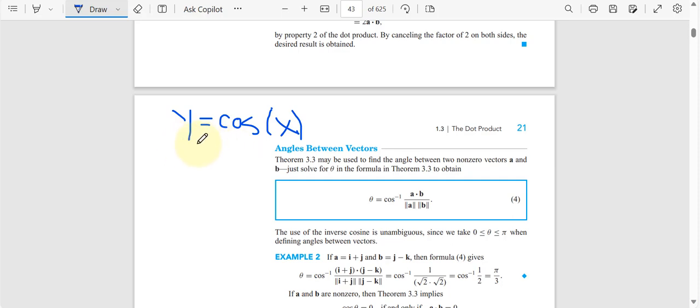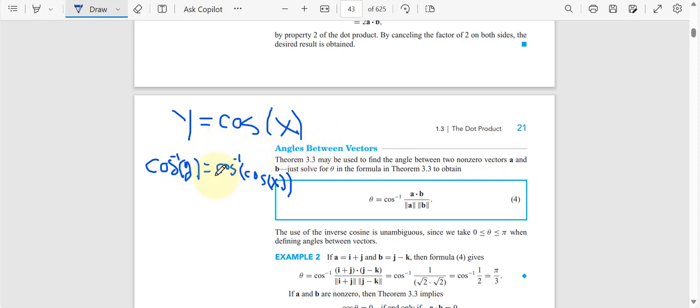So if you have something like y equals the cosine of x, then we can take the inverse of the cosine. We can take the inverse cosine of this side and say it's equal to the inverse cosine of this side.